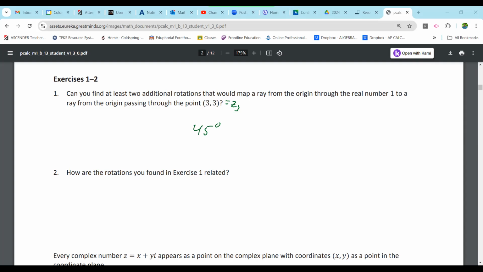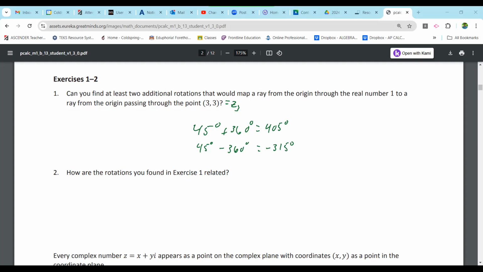So instead of adding 360, I could also do what? There you go. So it could be a negative answer. So you can either add 360, and what's 45 plus 360? So 405 would have been another answer, or I could have done 45 minus 360, and that would have given me negative 315 degrees.